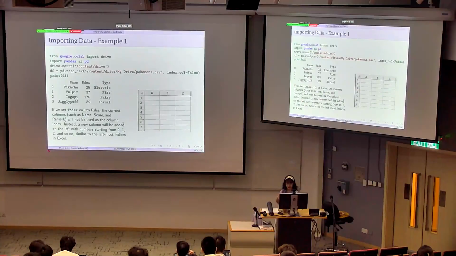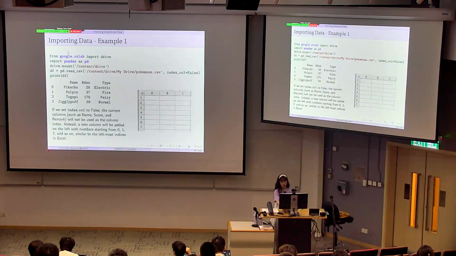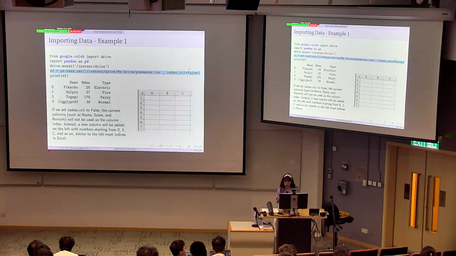So this is what we talked about on the last page. First, we import drive from google.colab. After that, we mount the drive. We also imported pandas. Then we get the data frame from pandas.read_csv, with index_col set to False. After that, we print the data frame, print df, and we get something like this.